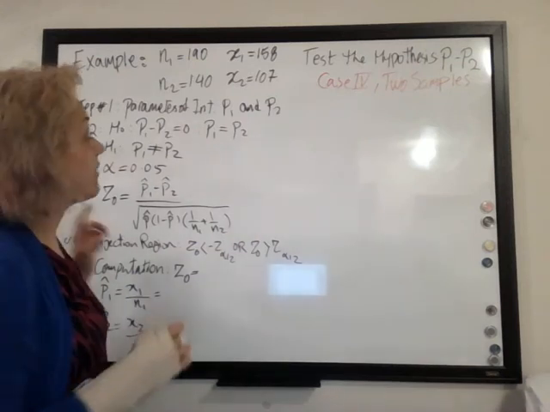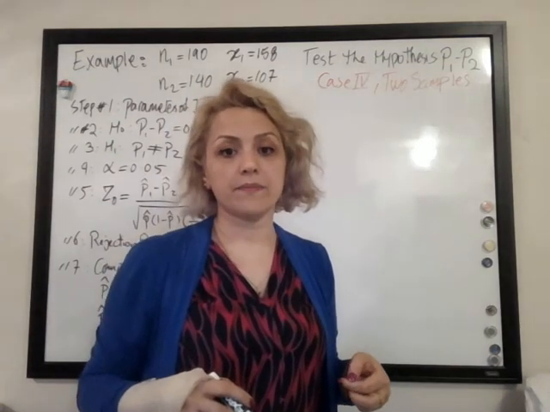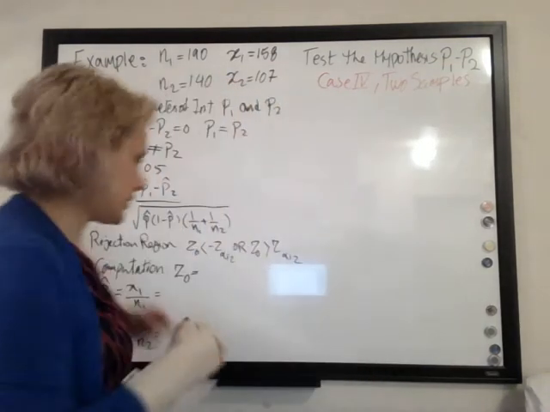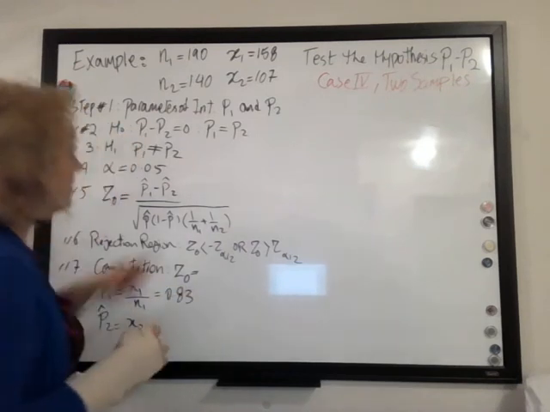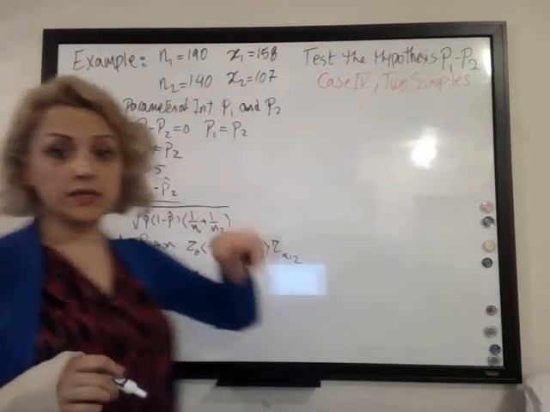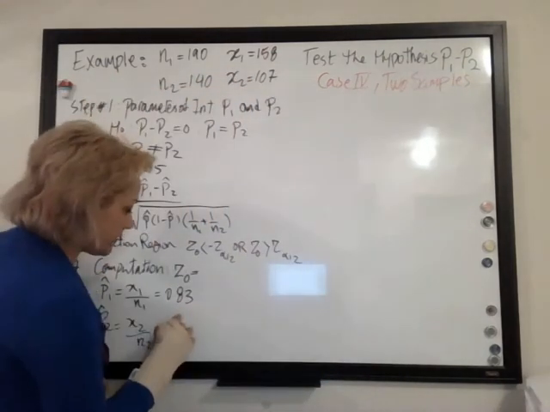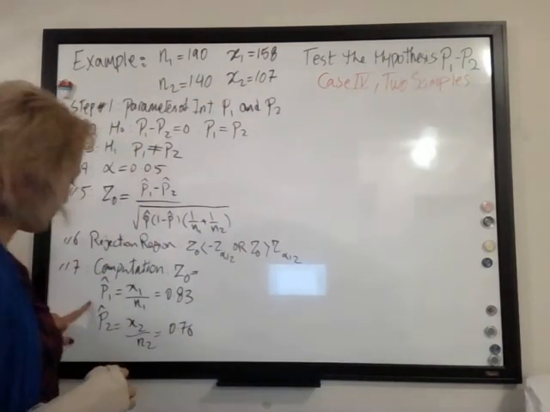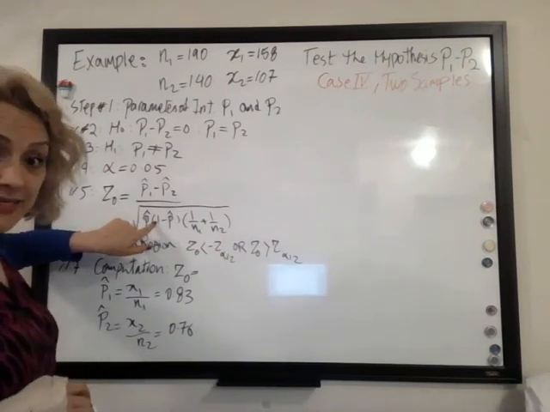So X1 is 158 divided by 190, which is going to give me 0.83. And then 107 divided by 140 is going to give me 0.76. So I found P1 estimate and P2 estimate. And then I have P estimate.